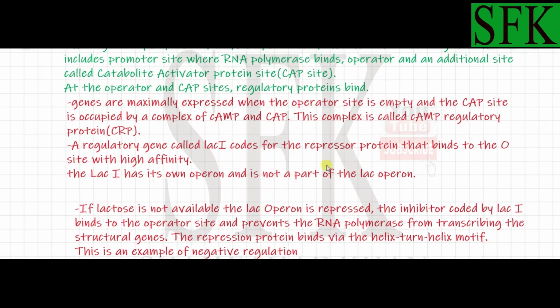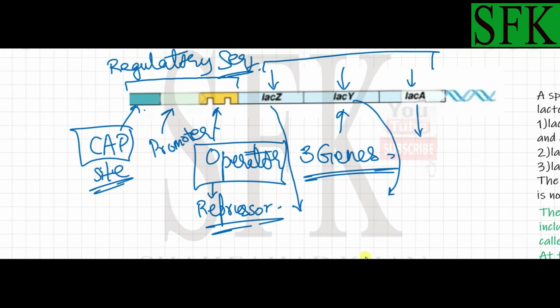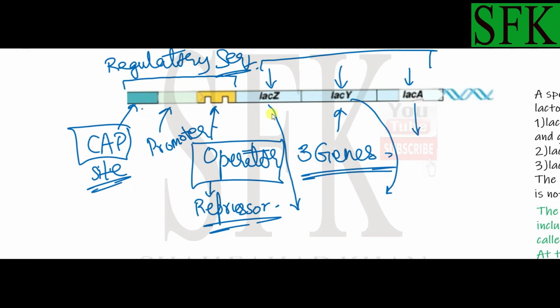Now, to sum up, we've talked about the three structural genes, the operator region, the promoter region, and the cap site, the catabolite activator protein site. At this site, the catabolite activator protein and the cAMP combine to form the CRP complex, and this CRP complex comes and binds at the catabolite activator protein site.